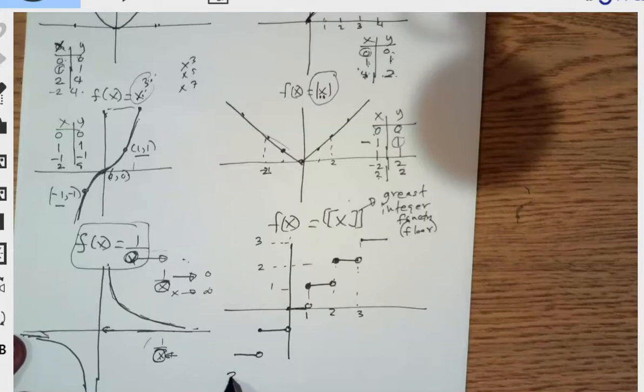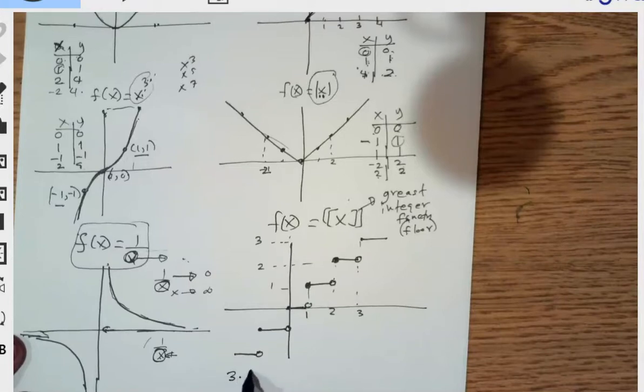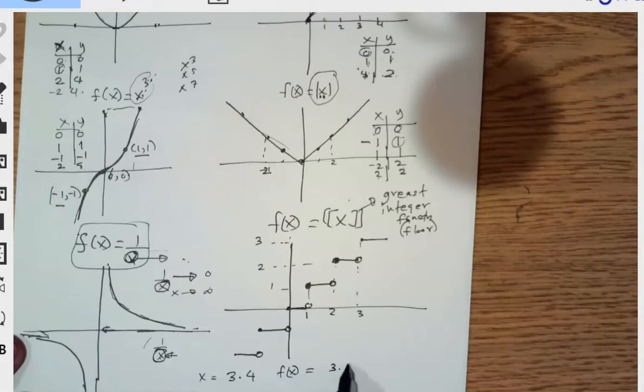If you take say 3.4, if x equals 3.4, then f of x is the greatest integer function of 3.4. What you want to look at is that the output of the function is the biggest integer which is smaller than or equal to 3.4.